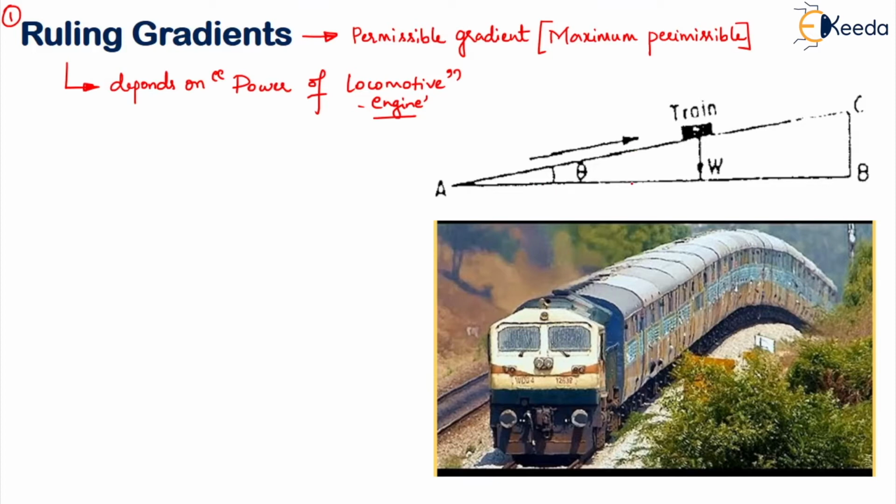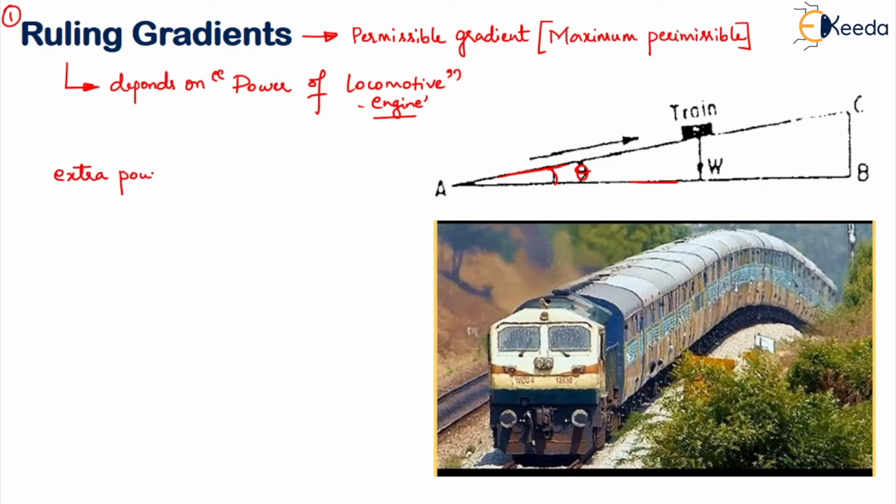Understood? Now if you observe this figure, this is a straight surface AB. Now we have a gradient there. Say theta is the slope which is there and AC is a formation level where the train has to actually move. Now suppose W is the weight of the train. Now this is your surface on which the train has to move.